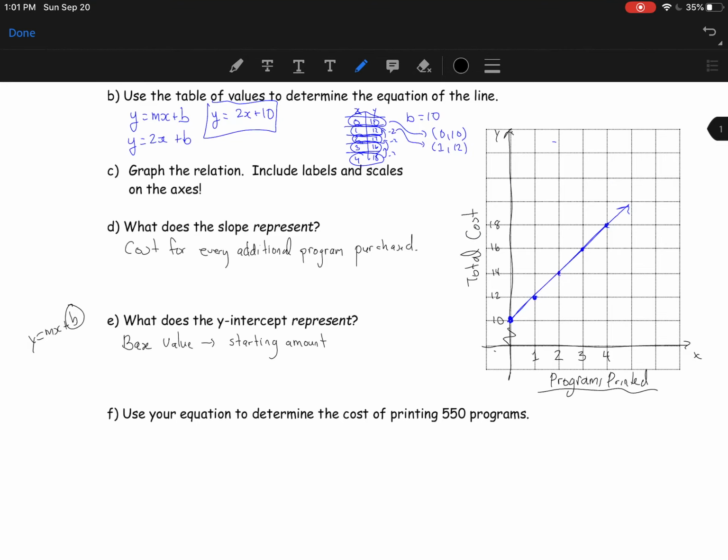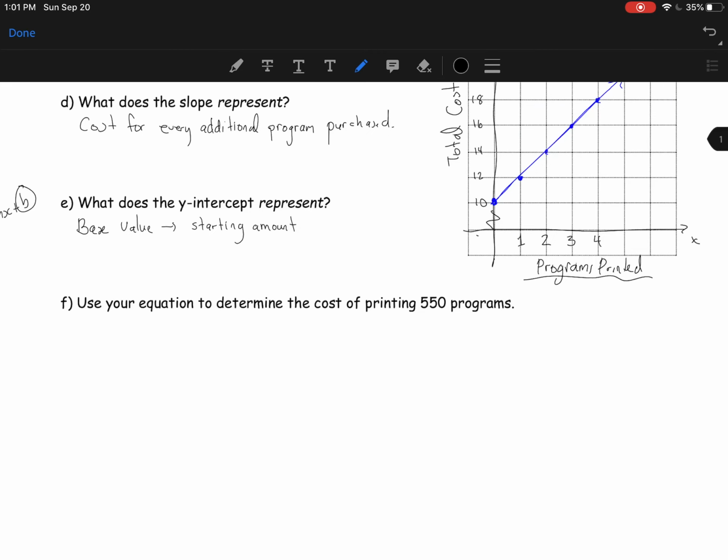All right, so then it says, use your equation to determine the cost of printing 550 programs. So we have to find the cost. To determine the cost means we have to find y when x equals 550. Our equation is y equals 2x plus 10, and then we'll sub in the value 550 for x.